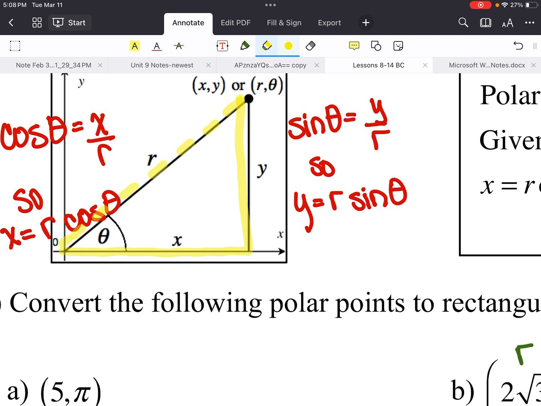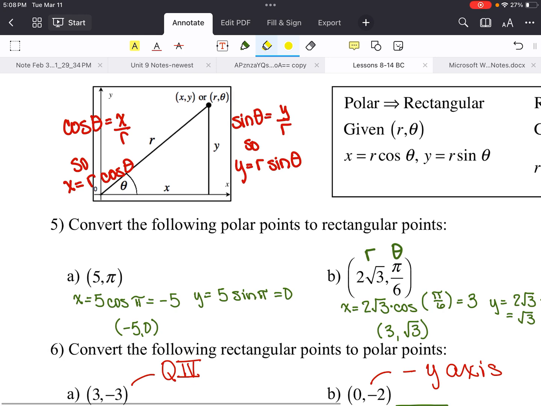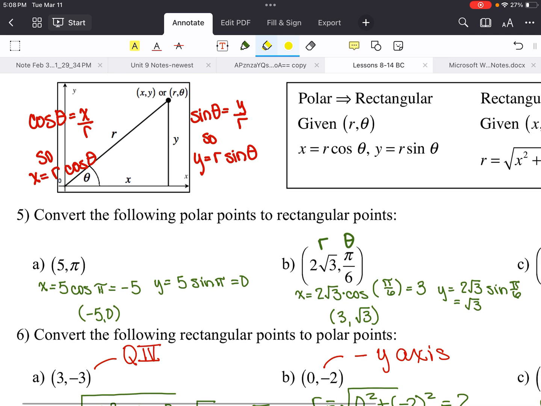Well, x and y are like the sides of a triangle and r is the hypotenuse. So isn't there some formula named after some Greek guy that we know about the sides of a right triangle? Well, yeah, x squared plus y squared equals r squared. So if I tell you the x and y coordinate, I'm basically telling you the legs of a triangle, and r is the hypotenuse.